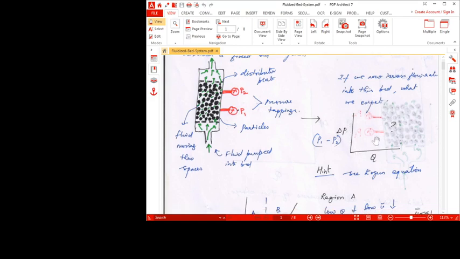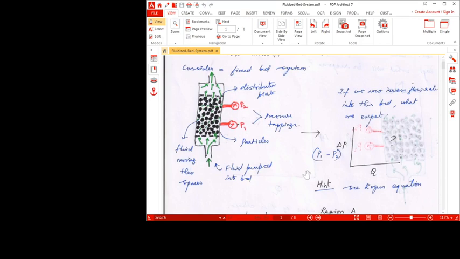Take a minute to see how this plot looks. The hint is to think of the Ergun equation and see where this term is in the Ergun equation, and where the flow rate term is in the Ergun equation, and then think how this plot should look.